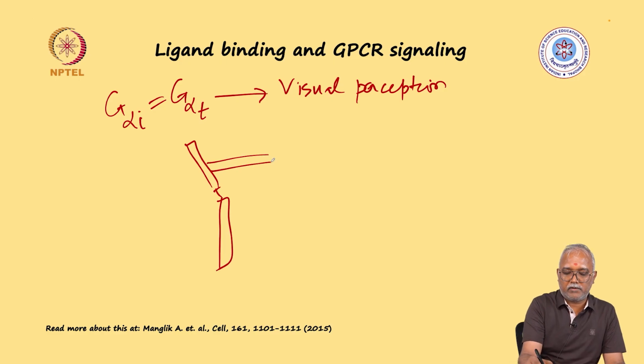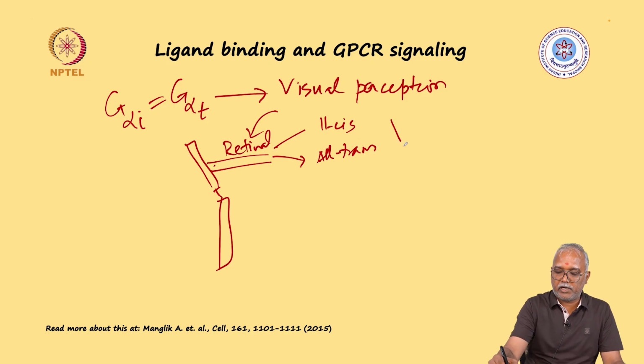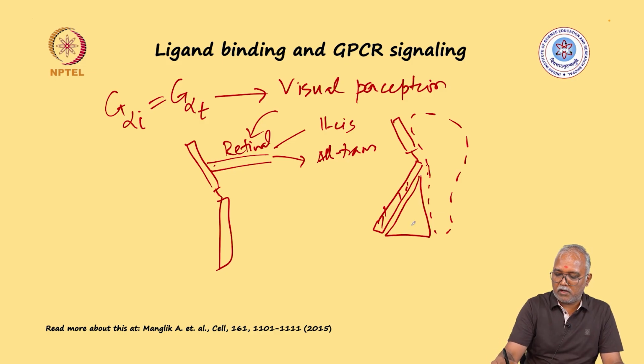A retinal is bound here, other helices are present, but when light is shone on this and it converts from 11-cis retinal to all-trans retinal, there is a change in the position of the helix and it moves further to this position. What it does is it gives space around the other helices, and now G alpha T can bind.